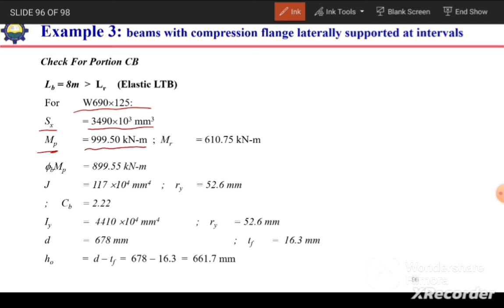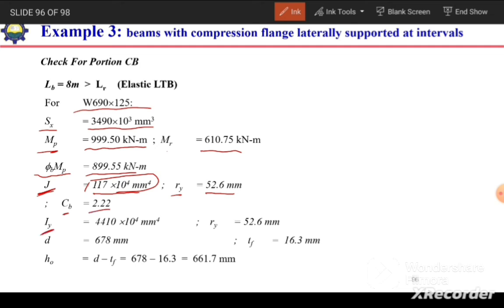We have already calculated this Mp and Mr, and similarly we have also selected the value of phi b Mp from the table. Then we can select the value of Jc and ry from the properties table, or we can also calculate the value of Jc manually if we want, but these values are given in the properties table, so we can select them. Cb for this segment is 2.222.